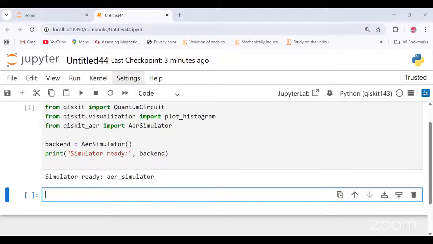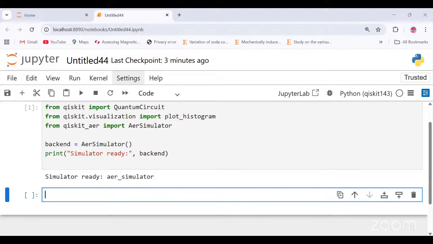Yesterday we did programming for the quantum circuit. That was the word used to build the circuit programmatically. Then the histogram, then the Aer simulator, which acts as a classical simulator of the quantum computer.